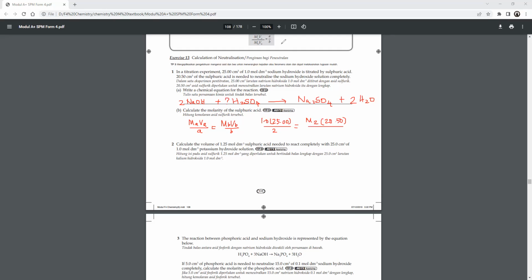Here it is 1. So M2, molarity, is going to be 1 times 25 divided by 20.5. You get 0.61 mol dm-3.